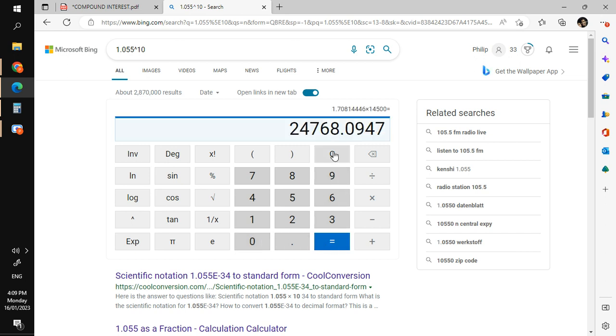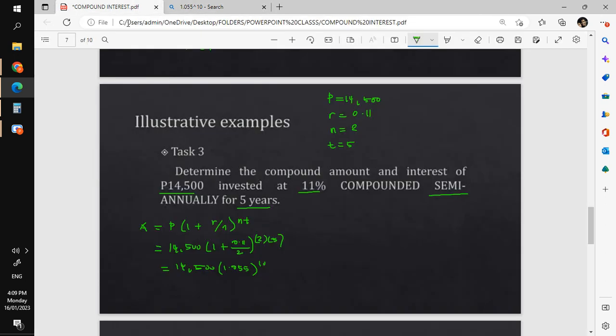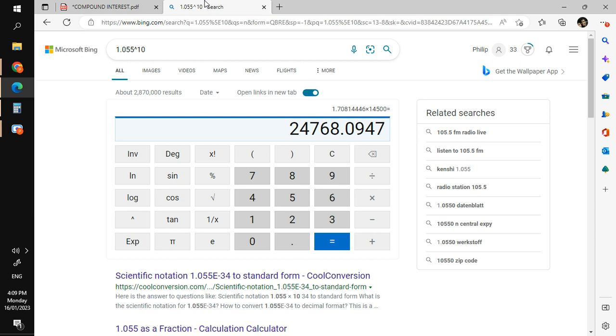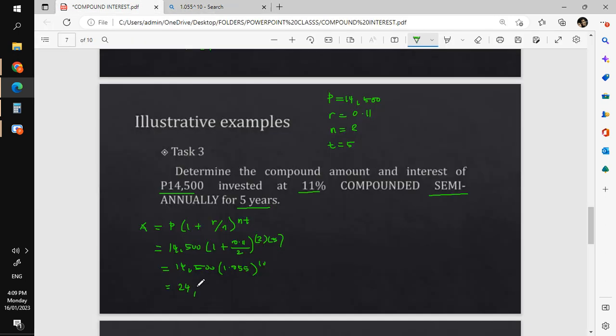This gives us 24,768.09. So the final answer, the total amount is 24,768.09. This will be the total amount.